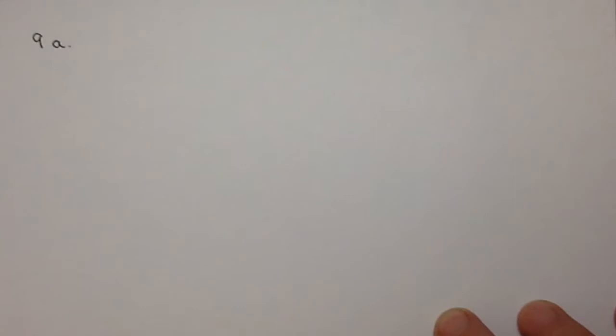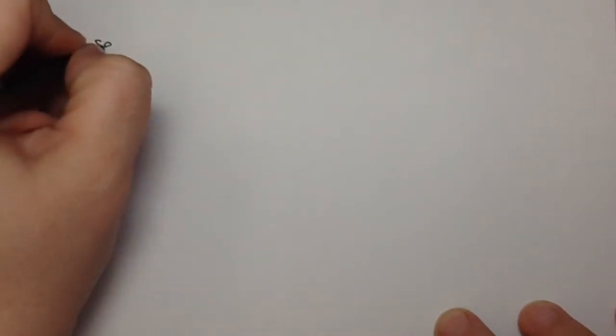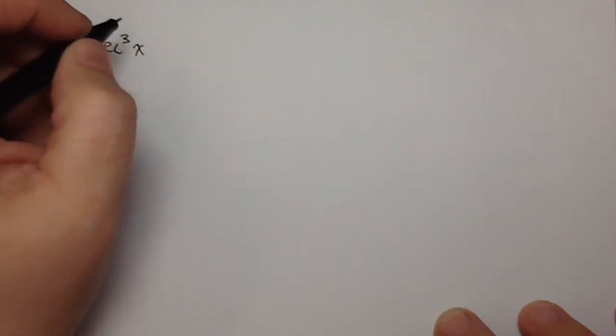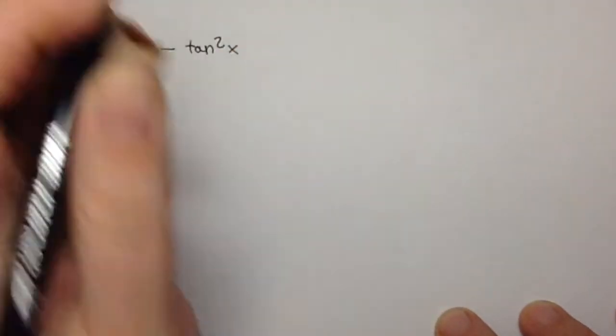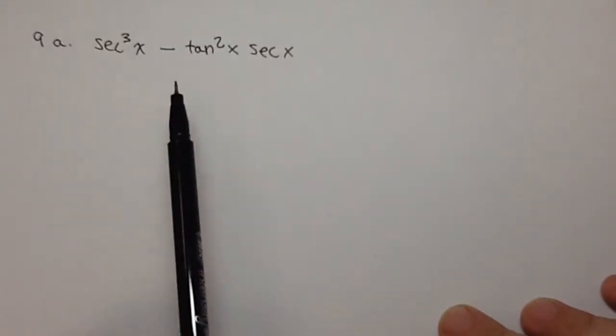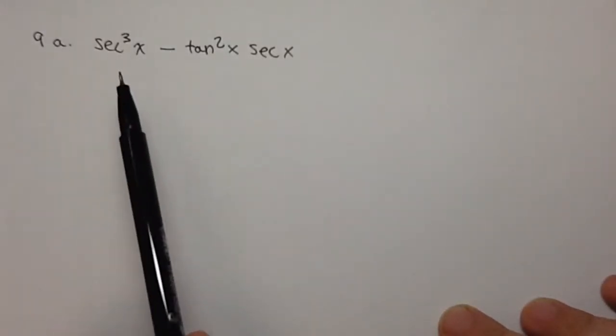Number 9a gives us secant cubed x minus tangent squared x times secant x. All right. I remember there's an identity that has to do with tangent squared and secant squared.